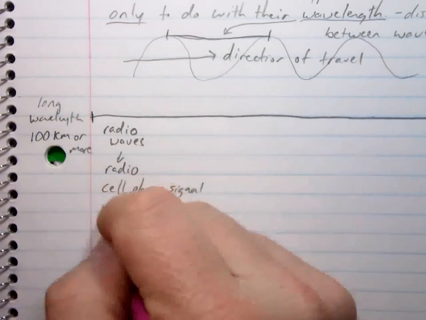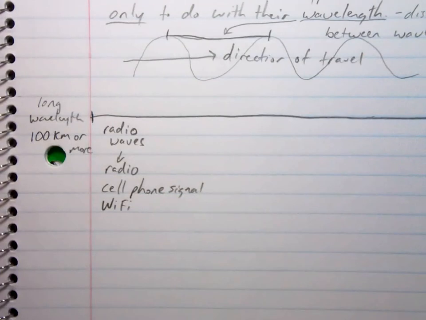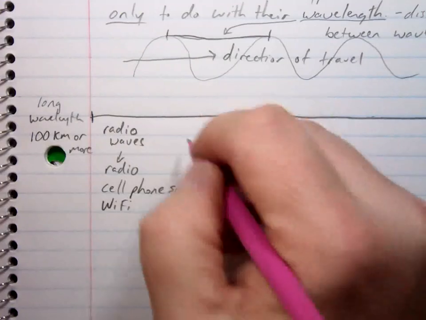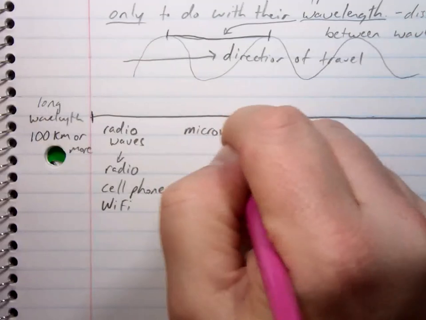Also, Wi-Fi. Your Chromebook is sending information to and from that access point above your heads here using radio waves, sending data back and forth. Okay? Now, if the waves get a little bit shorter than that, then they are microwaves.